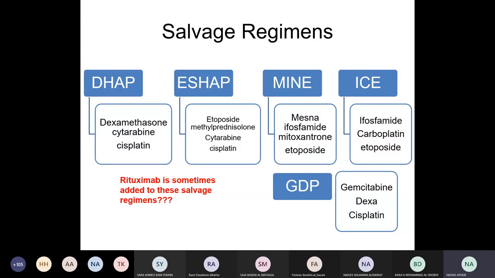Any one of these can be used as a salvage regimen. Okay? فهدول يعني هدول ال5 protocols, they are never first-line drug therapy in aggressive diffuse lymphoma. Okay? هدول in case R-CHOP was not effective أو صار relapse.